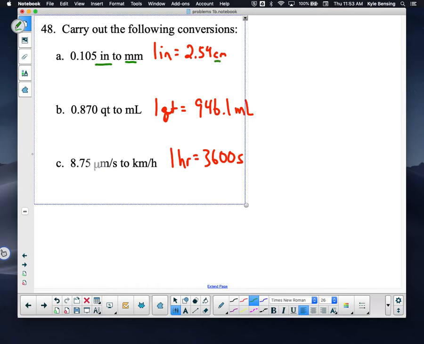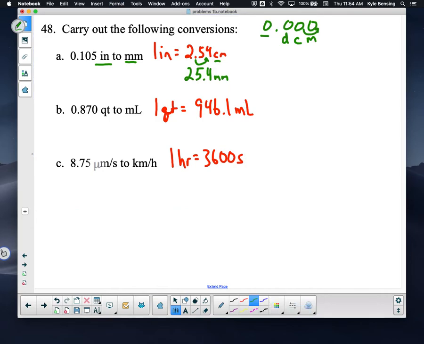So what I can do is change, this is deci, centi, milli, and I can go from centi to milli by going one place to the right with my decimal, which means I get 25.4 millimeters now equals 1 inch. And that's going to help us for our problem.